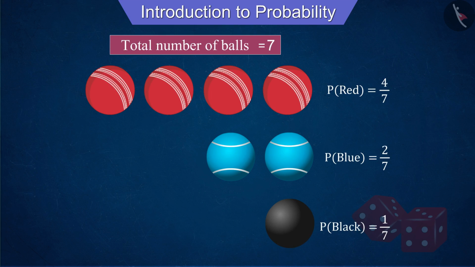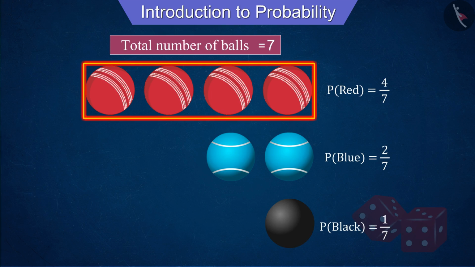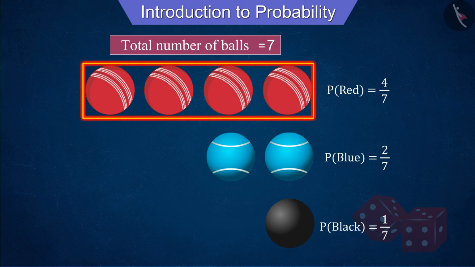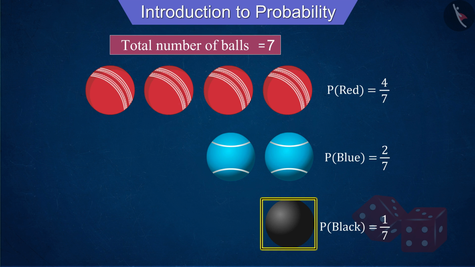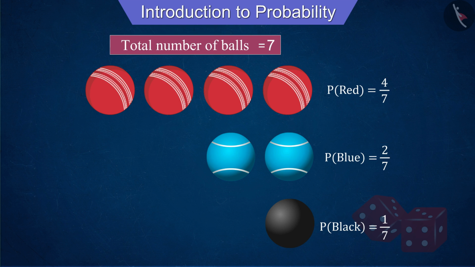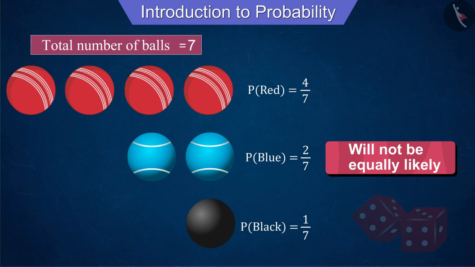Due to the large number of red balls, red is most likely to come out. Similarly, the probability of the blue ball coming out is less than the red ball and more than the black ball. And the black ball will be the least likely. You can see that the probability of the 3 balls coming out here is different. Therefore, the results will not be equally likely.